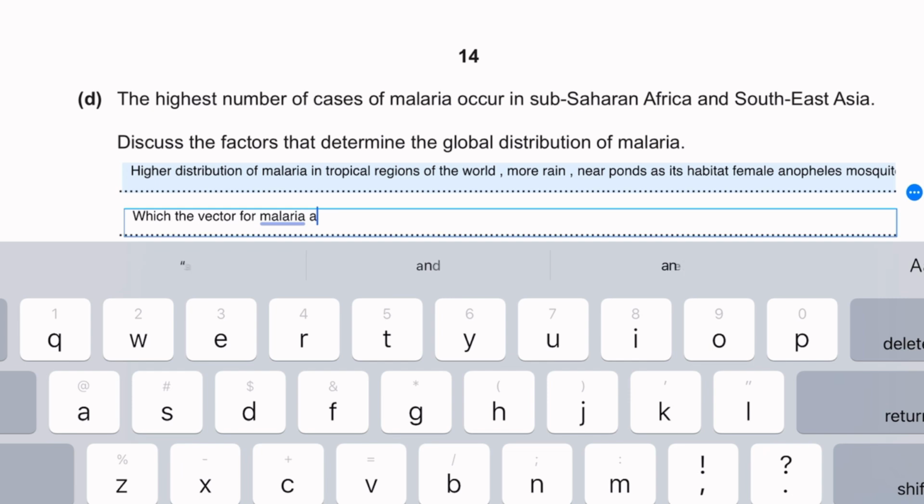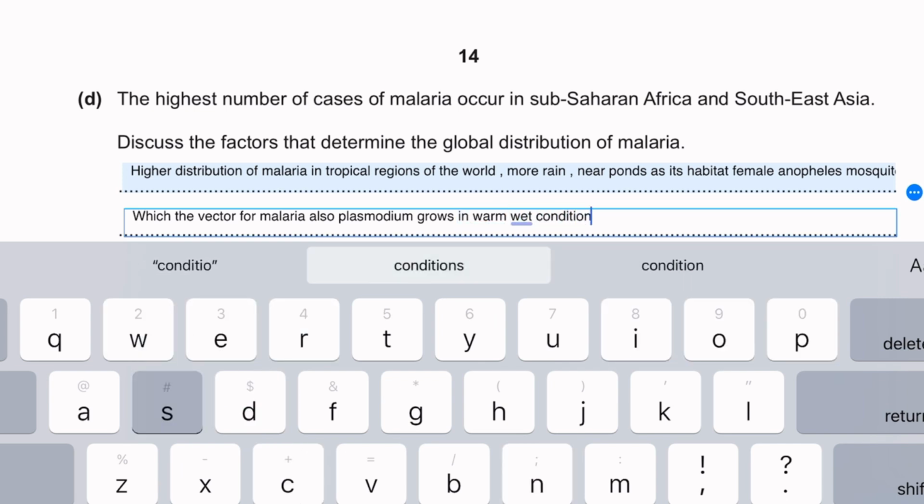Also, Plasmodium grows in such conditions. Plasmodium grows in warm and wet conditions, and so does the mosquito as well.